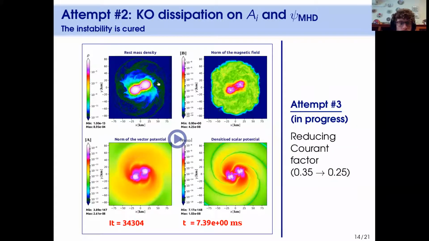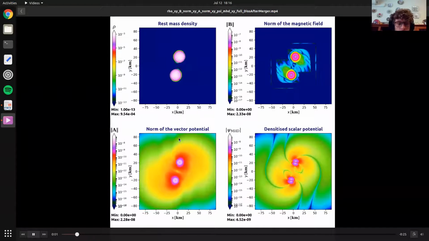And so the second attempt was to add a bit of Kreiss-Oliger dissipation on the evolution of the potentials after merger, okay? And in this way, the instability is resolved, basically.